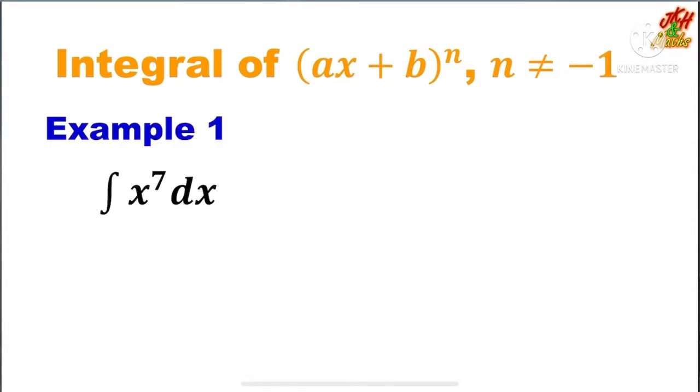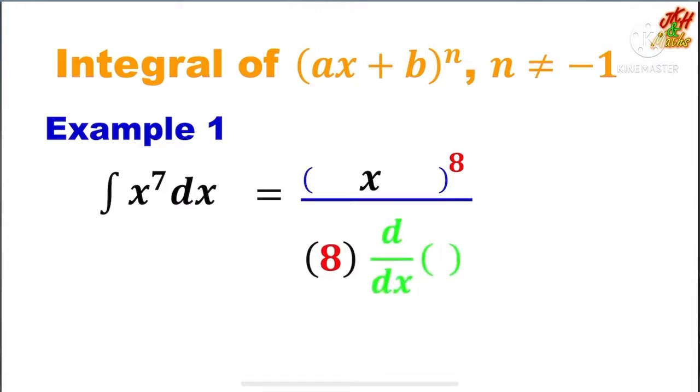So now let me take a look at example 1. Given integrate x to the power of 7 with respect to x, so by following the rule we discussed just now, we put the function x in the bracket and the power we add 1, so it becomes 7 plus 1, which is equal to 8. So this value of 8 we put in the denominator, then we differentiate the function x with respect to x, giving us the value of 1.